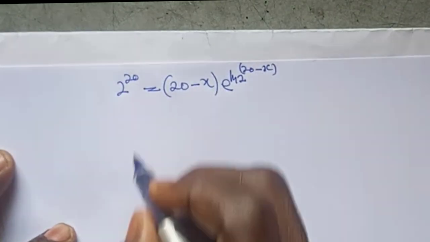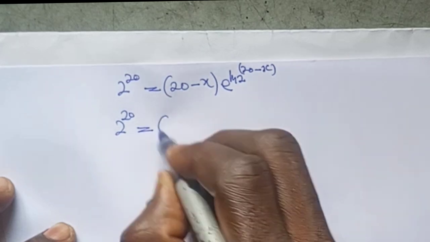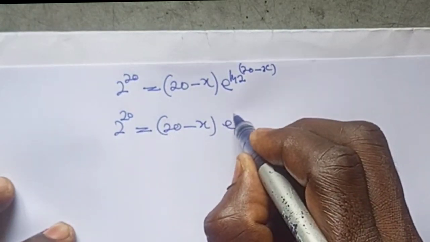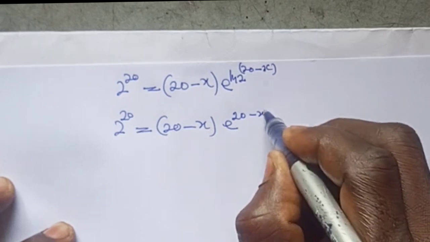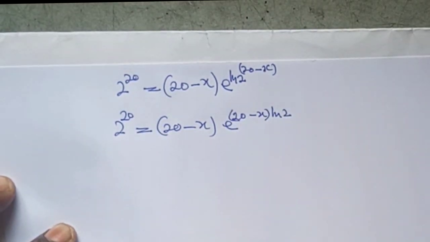So the power comes down to become 2 to the power of 20 equals 20 minus x exponential 20 minus x ln 2, and we are fine.